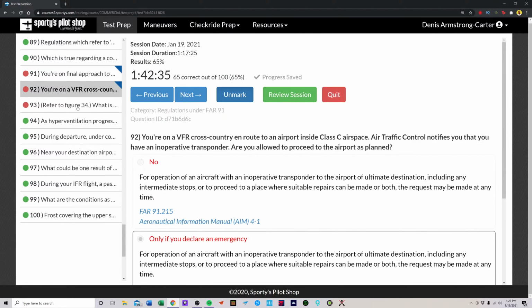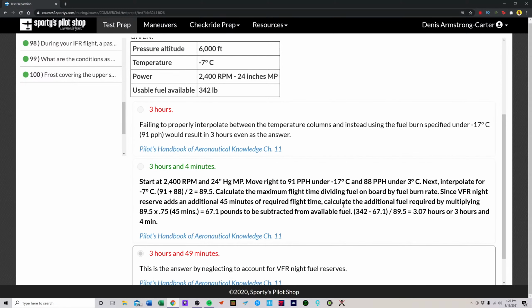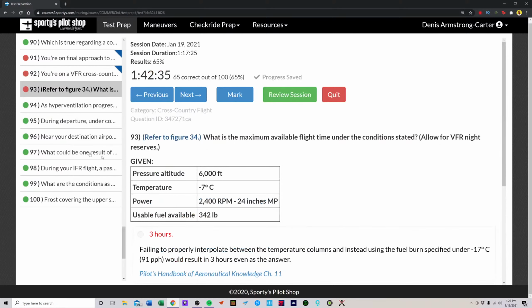Class C airspace you're not supposed to, but whatever. And then this one, goddamn. Interesting. Alright. Don't know how to do that. That's it. That's all.